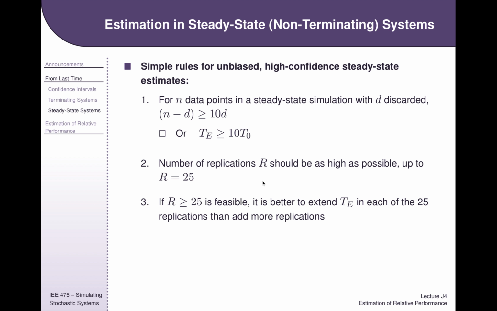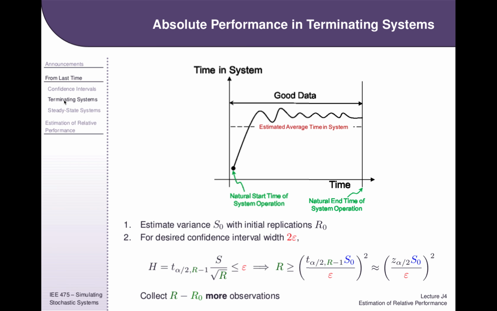All right, so that's my single replicate. So how many replications do I need? Well, now that you've discarded the data, you can treat this like it is a terminating system or a transient simulation. And so you can go back to the terminating systems formula back here, and you can say, all right, what half width do you want?